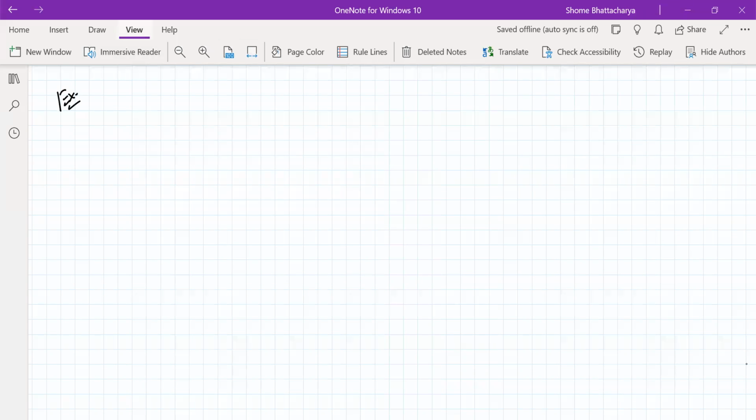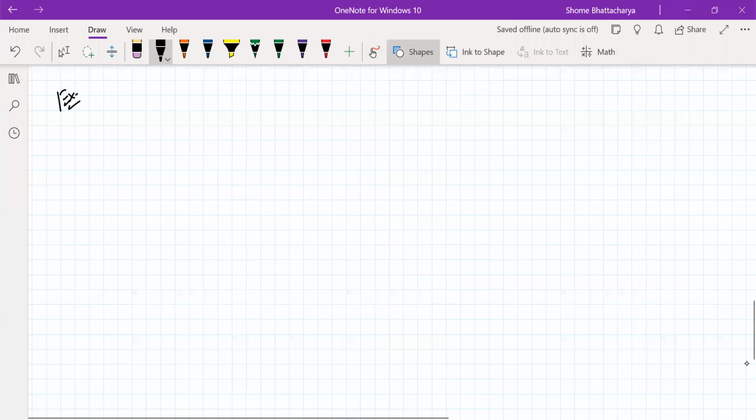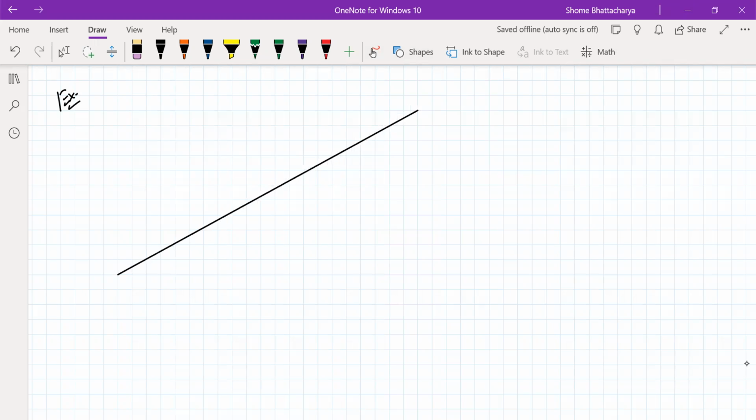Okay, so let us take a somewhat simplified example of an object sliding down an inclined plane, but this time it's a rough inclined plane. Let's say theta is equal to 30 degrees.